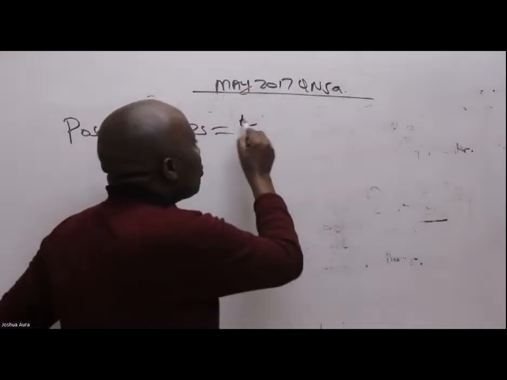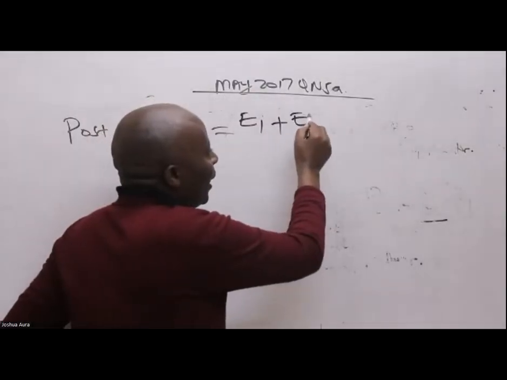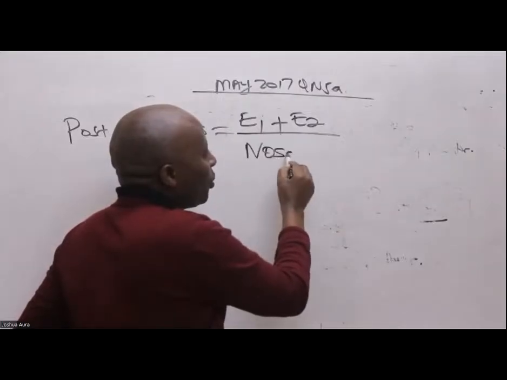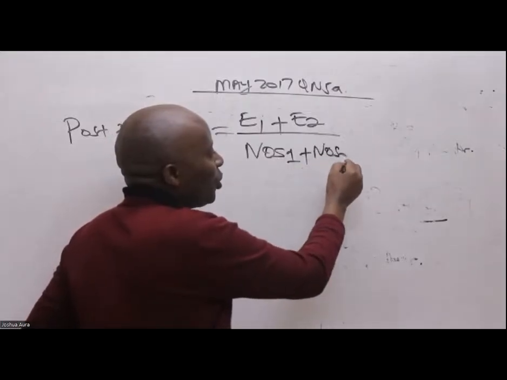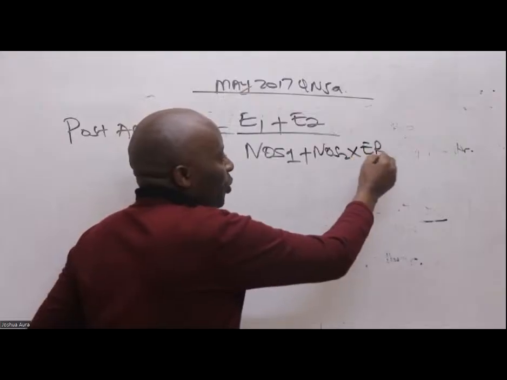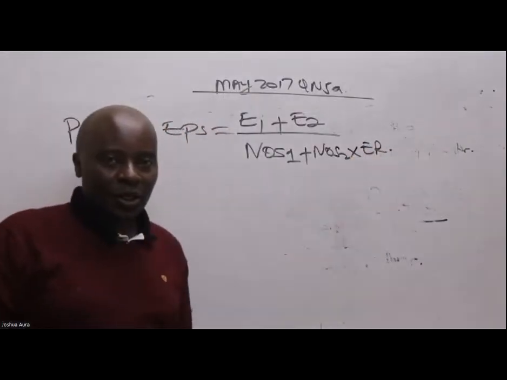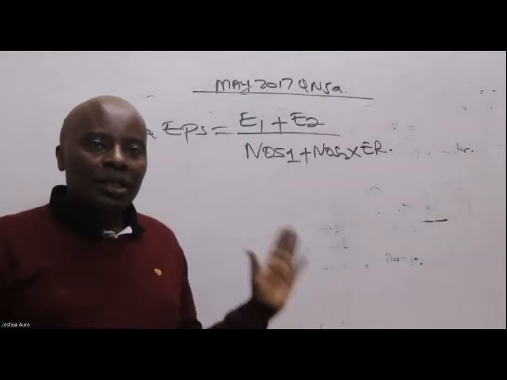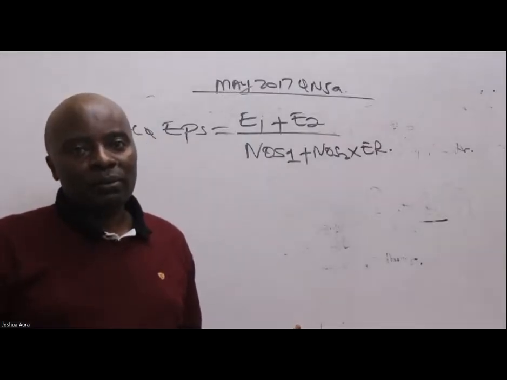You take earnings of company 1 plus earnings of company 2, all over, in this case here, number of shares 1 plus number of shares 2 times exchange ratio. Ladies and gentlemen, please listen to me very well. This is a very important formula.